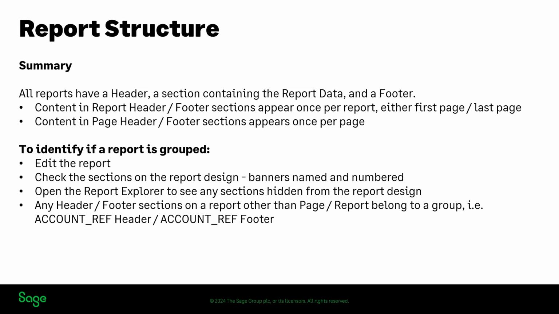Here we go. So just to quickly summarize what we've covered so far, just about the report structure, is that as a bare minimum, each report should have that beginning, the middle, and the end. For example, the header section, the main report data, and the footer section. So to identify if a report is grouped, just edit the report, open it within the report designer. Remember, you can edit it either from the reports list, highlighting the report, clicking edit, or if you're previewing it, you can then click edit. And you then just need to check the report sections showing on the report design by the gray banners which are named and numbered.